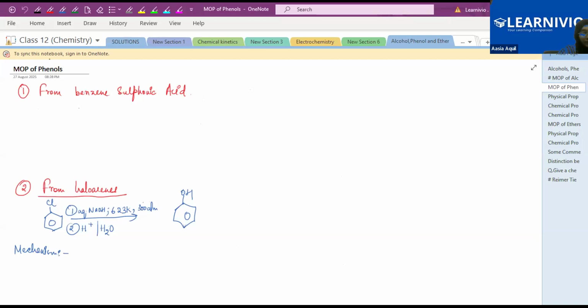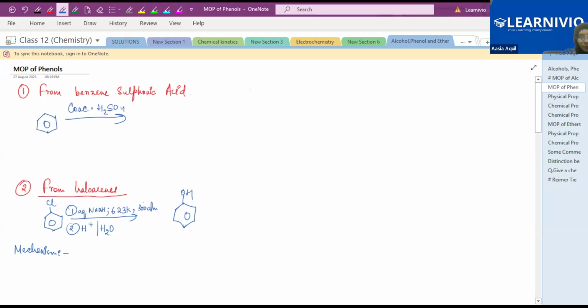Now, what is benzene sulfonic acid? So first you should know how we can prepare the benzene sulfonic acid from benzene. Okay, so let's see. Suppose we have a benzene. This is your benzene. And when you add concentrated H2SO4, right?